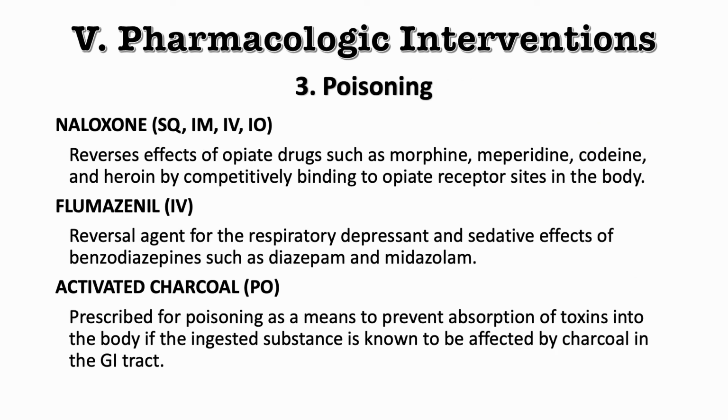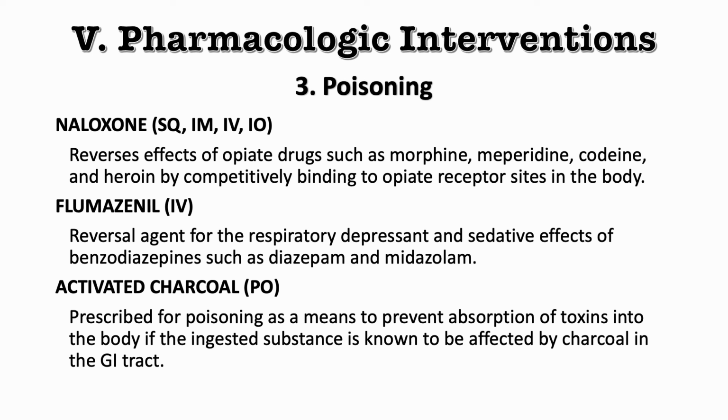On poisoning, naloxone, in sub-Q, IM, IV, and IO preparations, reverses effects of opiate drugs such as morphine, meperidine, codeine, and heroin as it competitively binds to opiate receptor sites in the body.